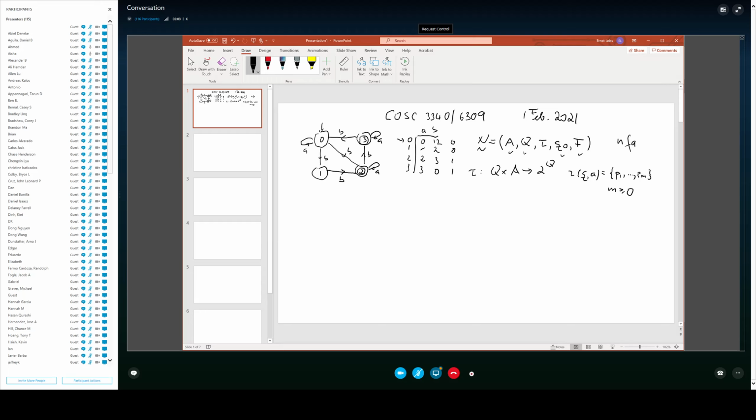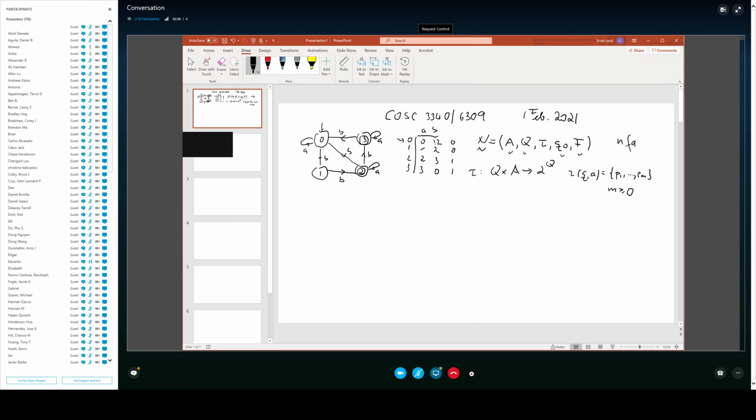Under B, however, you go to 1 and 2. I used Q1 and Q2, but it doesn't make any difference. This is less writing, so 1 and 2. So under B, we go from 0 to 1, and as well to 2. So this is where M would be 2, because we have two states that can be reached from 0.